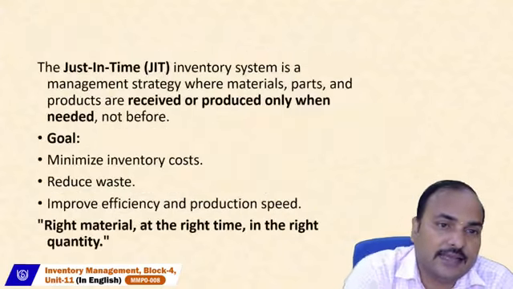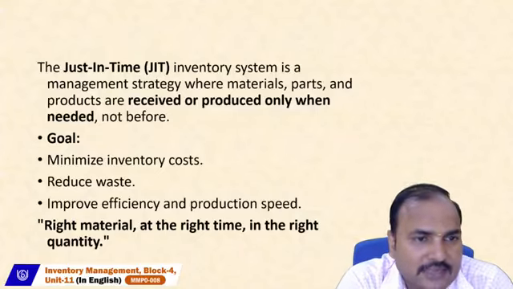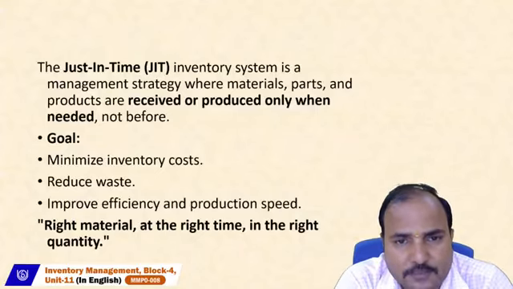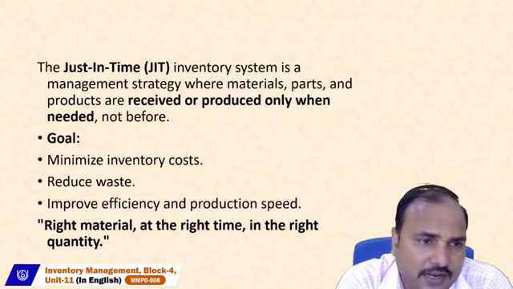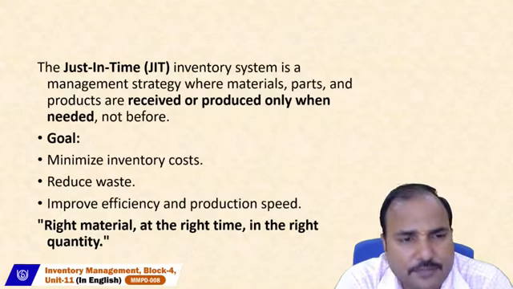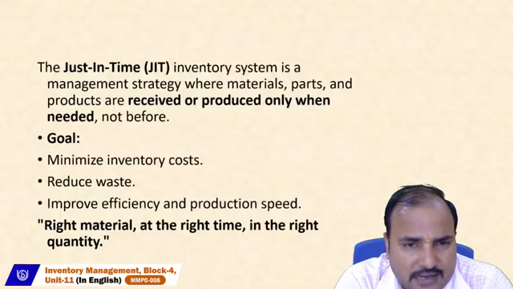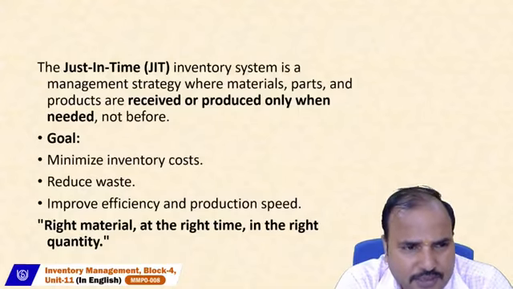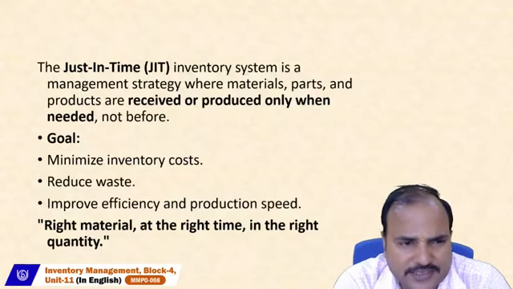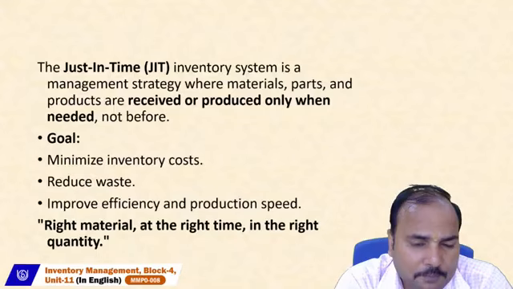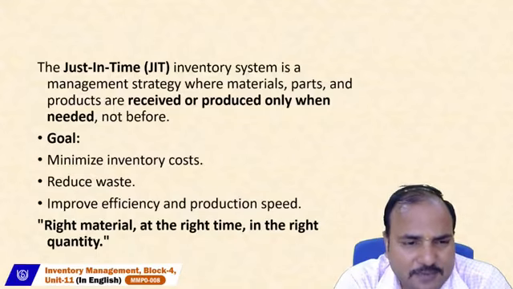The JIT inventory system is a management strategy where the materials, parts, and products are received and produced only when needed, not before. The goal of JIT is to minimize the inventory cost, reduce the wastage, and improve the efficiencies and production speed.